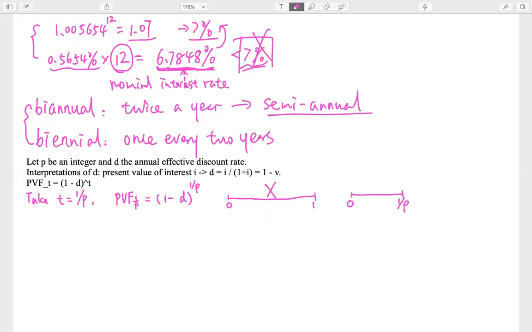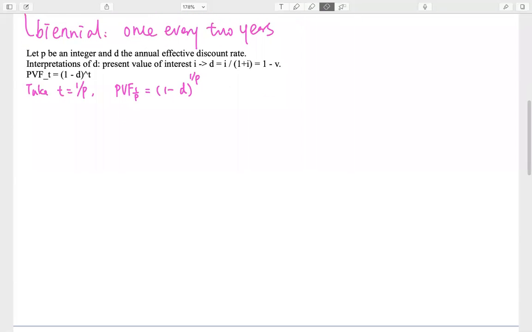Let me erase everything because this could be slightly more complicated. So let's do a slightly more complete analysis. Let's begin with what we already know. This is what we studied before, old things. You borrow $1 at time 0, you pay 1 plus i, right?